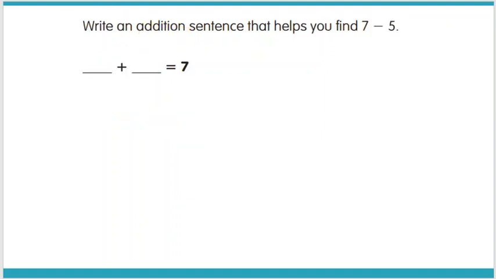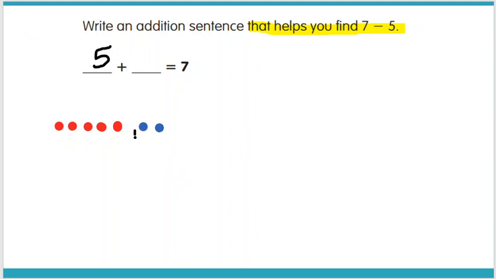Alright, so in this one, the problem says write an addition sentence that helps you find 7 minus 5. So I know that the 7 is here, and I need to get that 5 on there. So let's go ahead and get my group of 5. 1, 2, 3, 4, 5. There's my group of 5, and then I'm going to count on to get to 7, 6, 7.